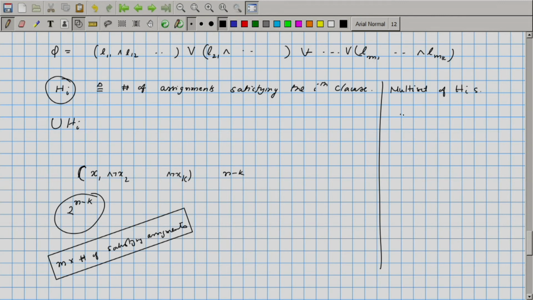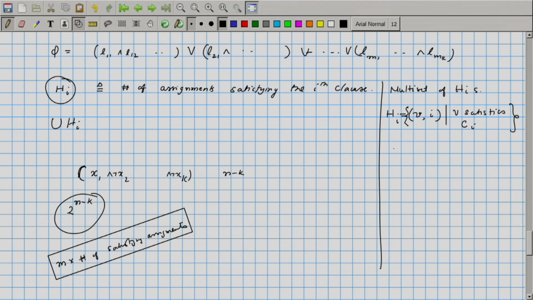So, when you say multi-set, we will look at the pair assignment comma i. Okay. So, consider the pair V comma i. Hi is equal to the set of all V comma i such that V satisfies the clause i.